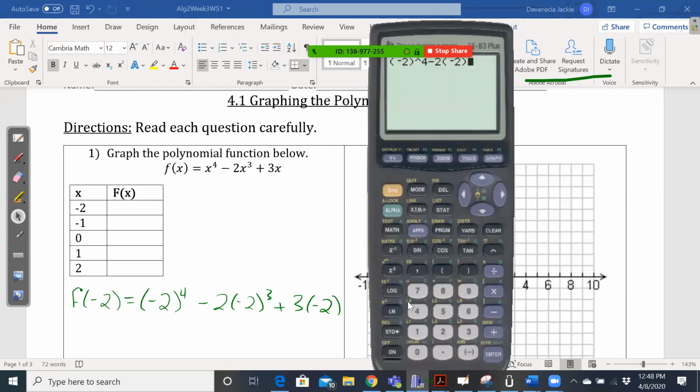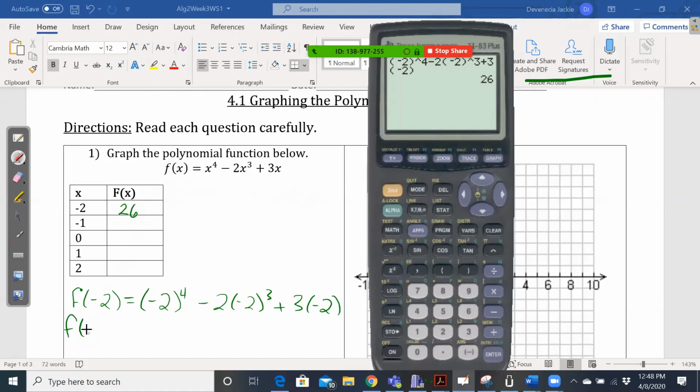It's important that you put whatever's in the parentheses, so your calculator will be able to tell which one to do first. Then 3 times -2. So if I put all of this into my calculator, I get 26. All right, so 26 is not in my graph, but let's find the other numbers.